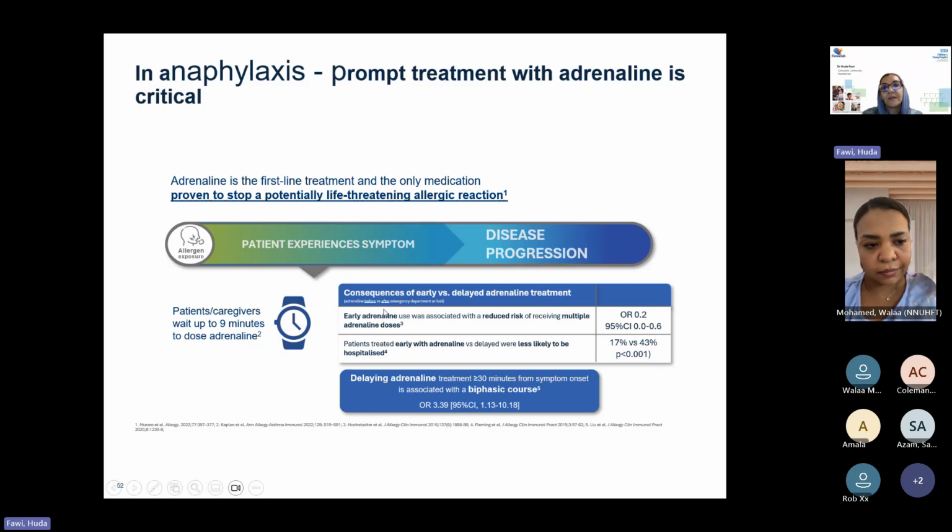A patient treated with early adrenaline is less likely to be hospitalized. From research data, we know delaying treatment by more than 30 minutes from onset of symptoms is associated with biphasic reactions. And in the majority of patients who died, there has been delay in administering the adrenaline.